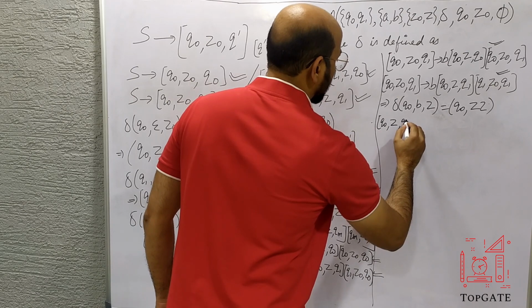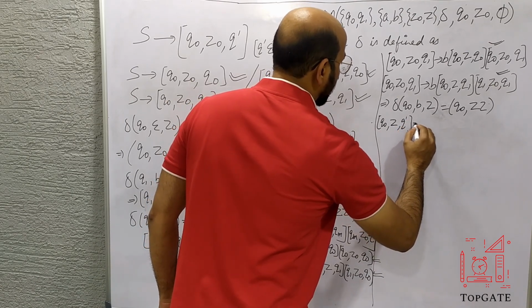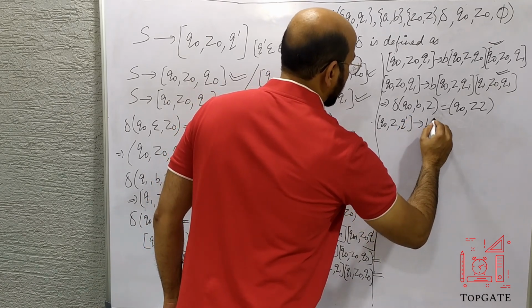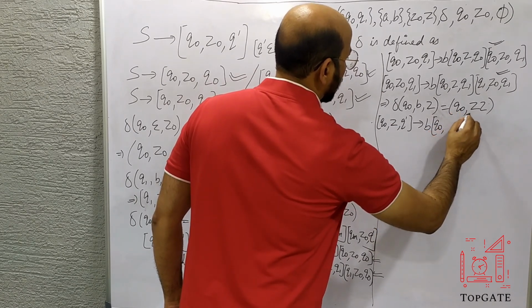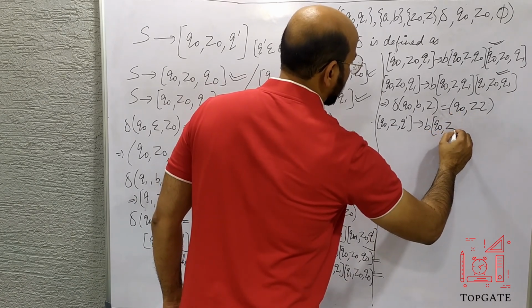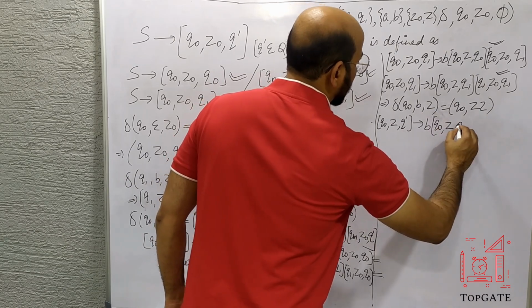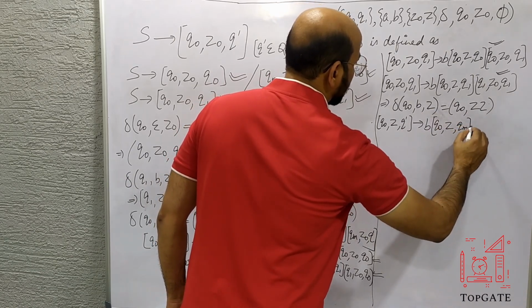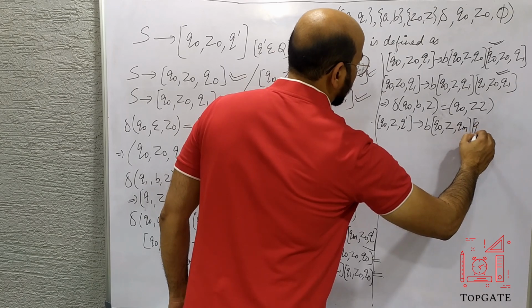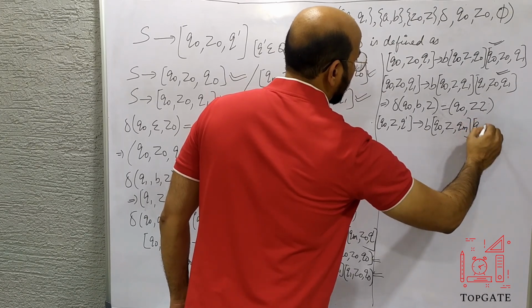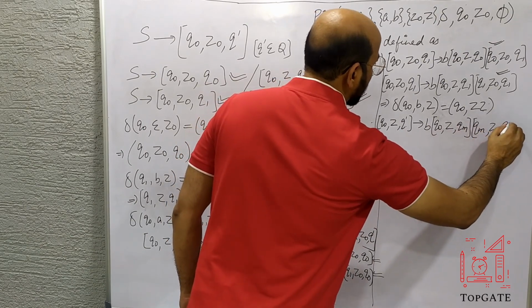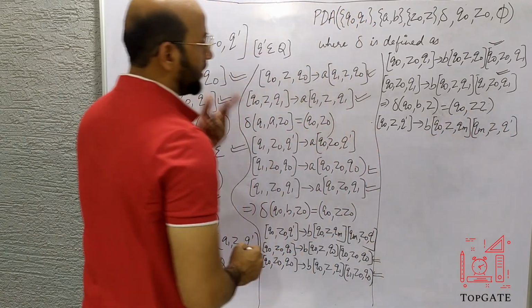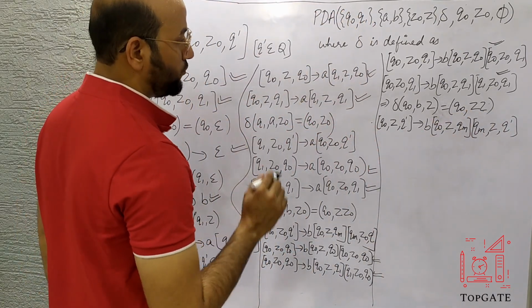So I'll write Q' here. This gives B into (Q0, Z, QM), close the bracket, open the bracket, write (QM, Z, Q'), the remaining part, the same one, that is Q'.